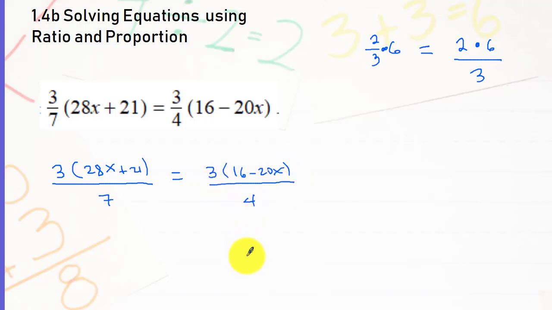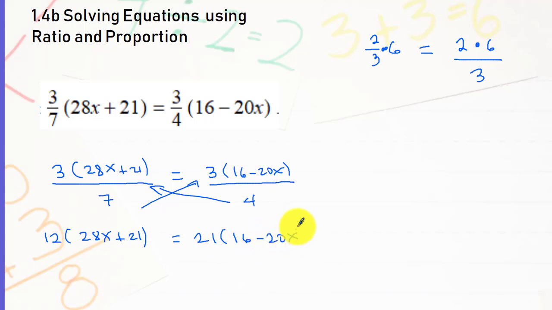And then from here, we can use our cross multiplication. So 4 times this, I'm going to get 12 times the quantity 28x plus 21. 7 times 3 is 21 times the quantity 16 minus 20x. Next, we are going to distribute our 12 to our 28.